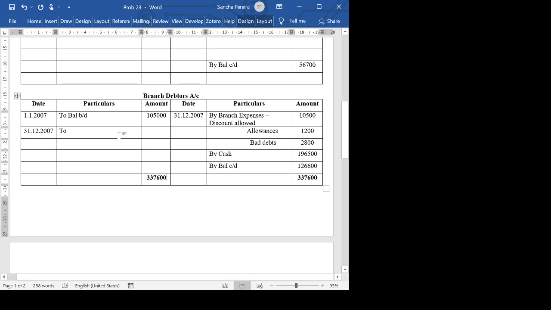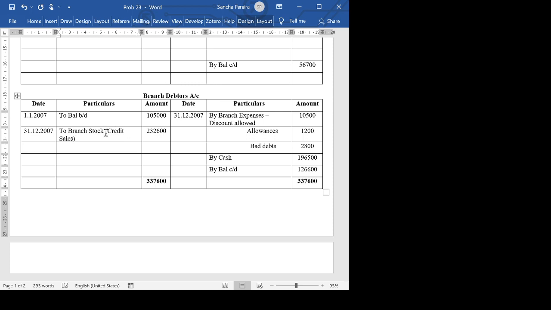So that means your balance is this way, and the balancing figure here is, sorry, not 1,05,000, it is 232,600. So this goes to the branch stock account. These are the credit sales, which is the balancing figure in this account.